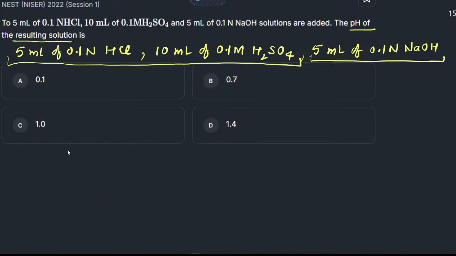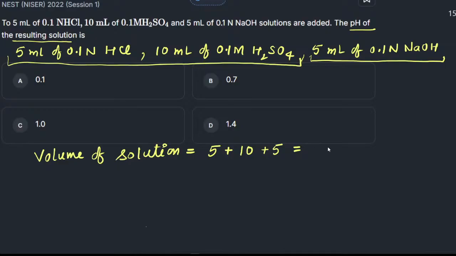So first of all, let us calculate the total volume. So the volume of solution becomes 5 ml HCl, 10 ml H2SO4, 5 ml NaOH.